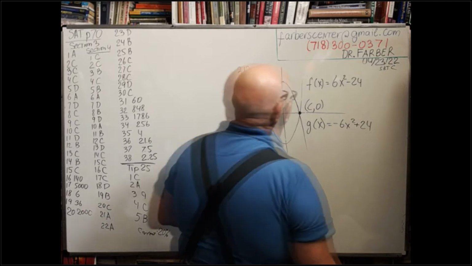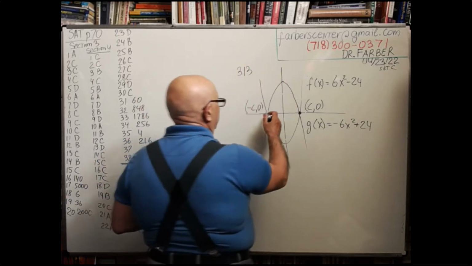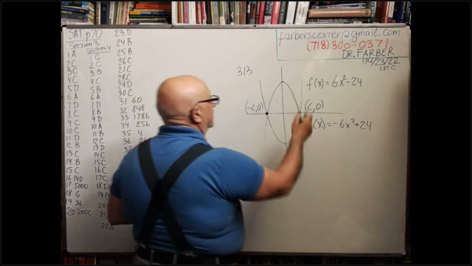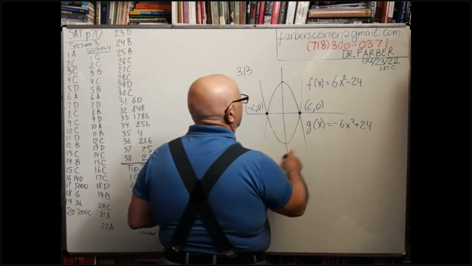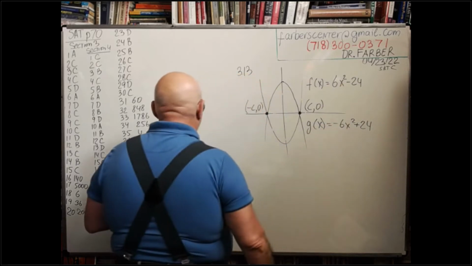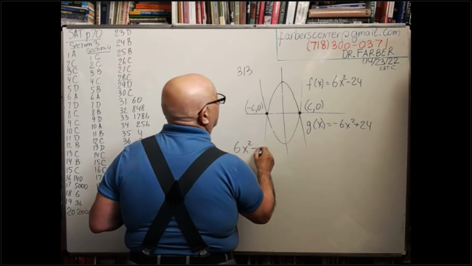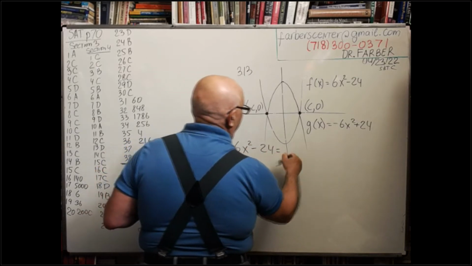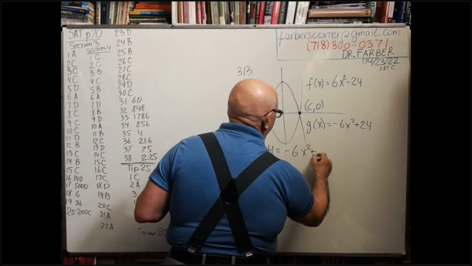Well, since these are common points of these two graphs, you can solve these equations. So this must be equal to this. I will write 6x squared minus 24 equals negative 6x squared plus 24.